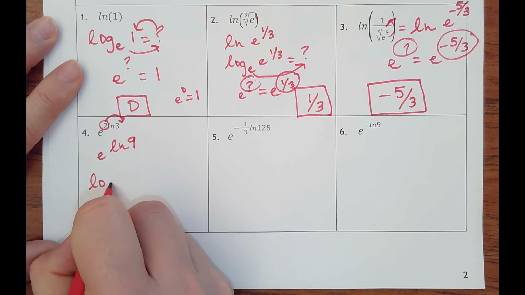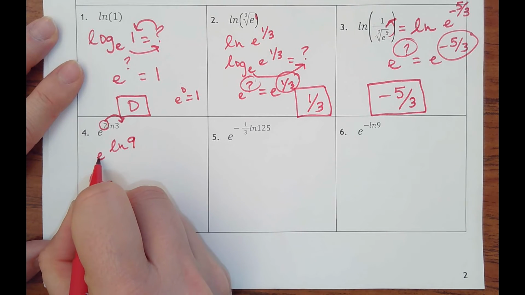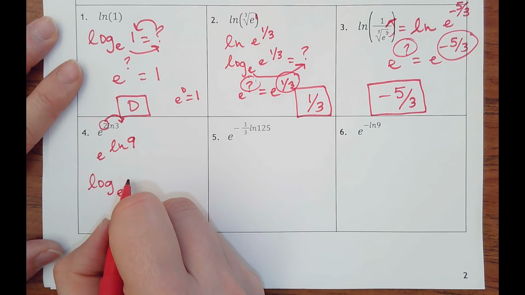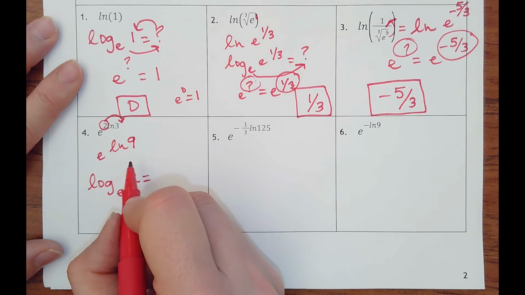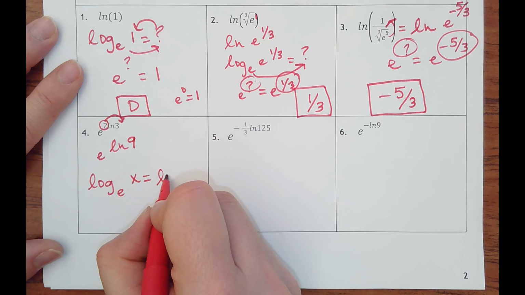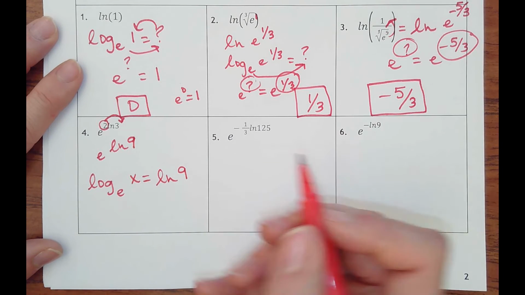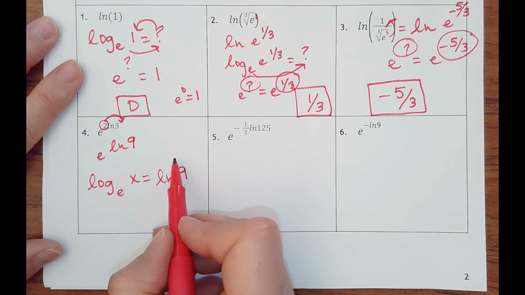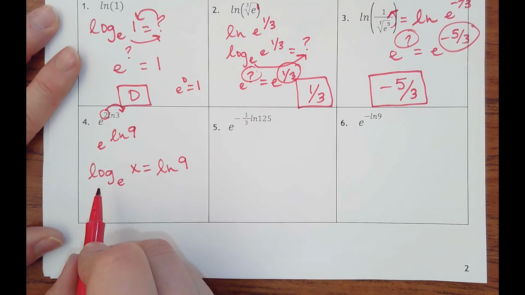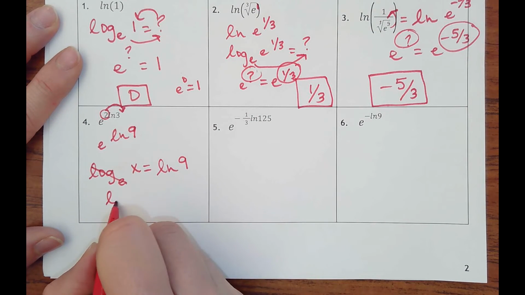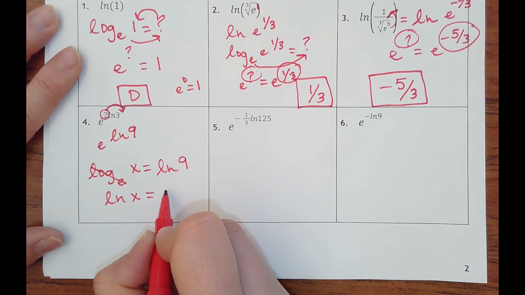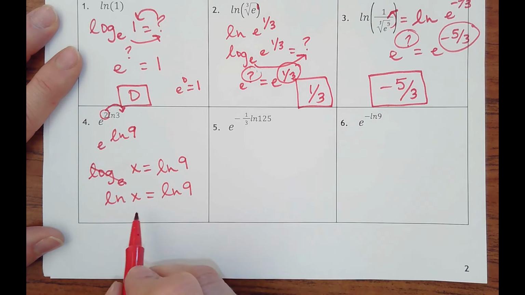So log with a base of e of what is natural log of 9. So it's e to this power equals what? And so remember that a log of e is really natural log. So it's saying natural log of x equals natural log of 9. Well, this has to just match, so it would be 9.